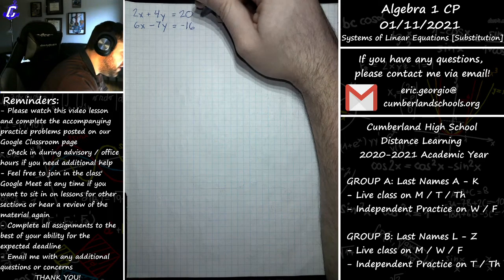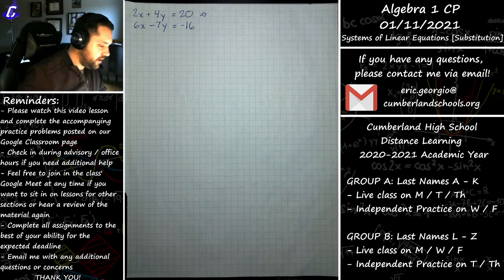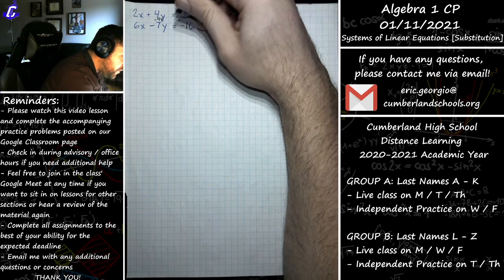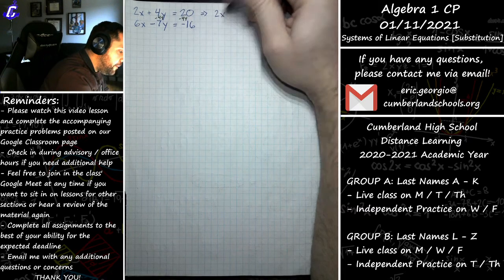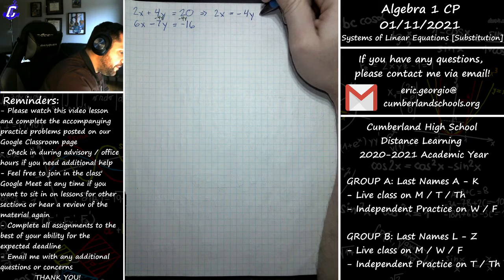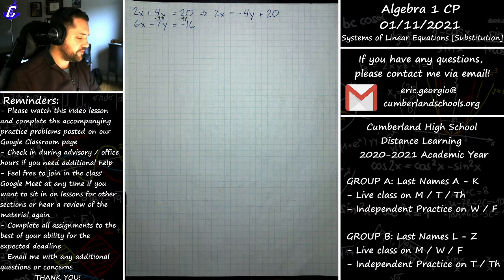In order to do that, we can subtract 4y over to the other side. If I do minus 4y and minus 4y, we would get 2x is equal to negative 4y plus 20. Or you could write that as 20 minus 4y if you wanted to.